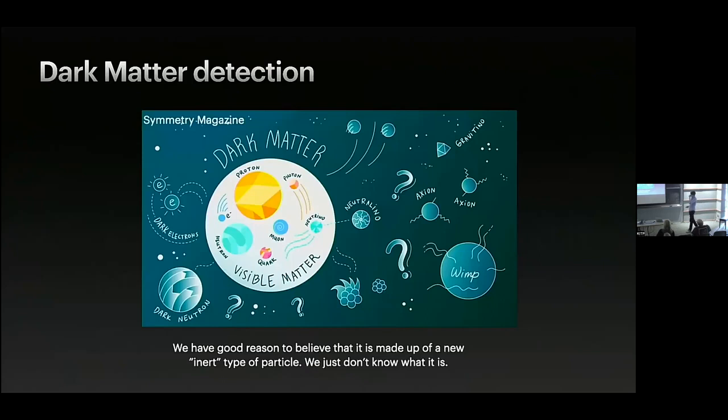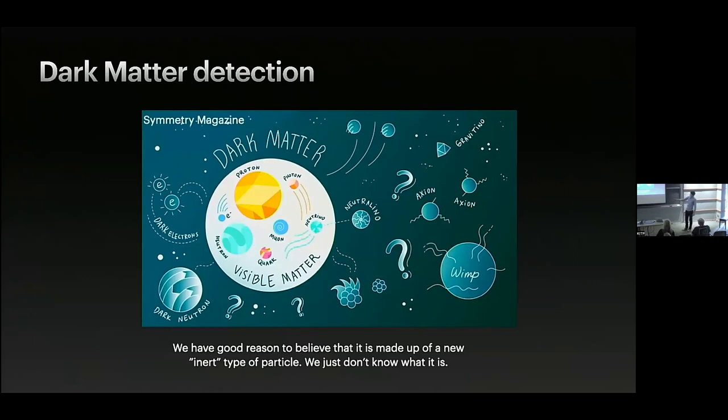So we have a lot of guesses for what dark matter could be. Here's just a pretty picture of our visible world inside of this bubble: electrons, muons, quarks. And outside of this visible world, there are hundreds of possibilities of what dark matter could be. In terms of a fundamental particle description, dark matter could be a particle called the axion, which is some light, fuzzy-like particle that could be permeating the whole space.